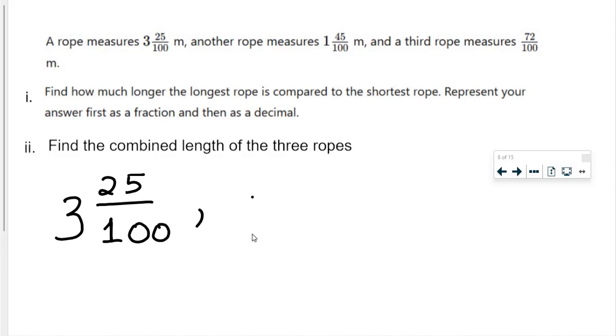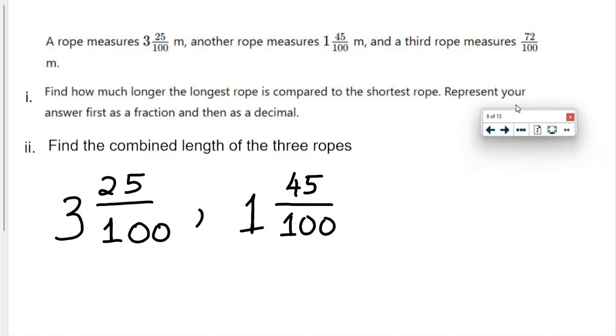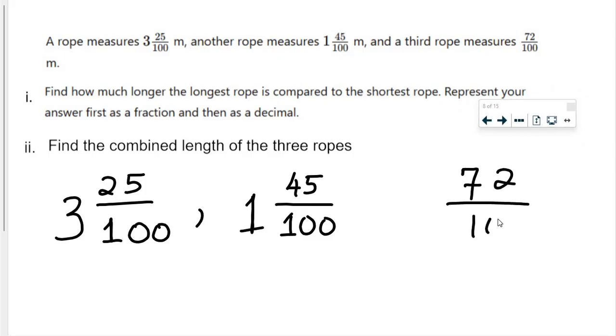Another rope is 45/100. And this one is 72/100. So this is 25/100, 45/100, 72/100.